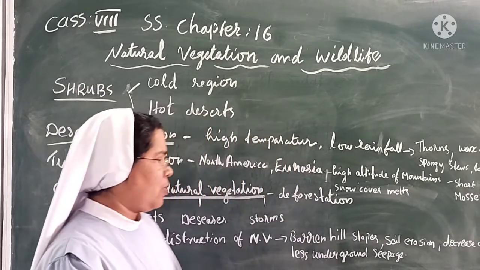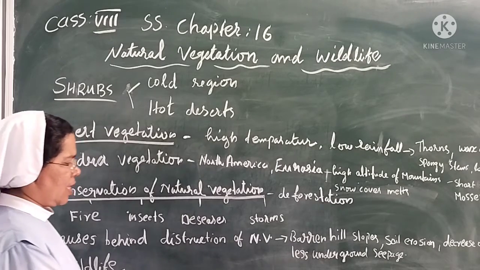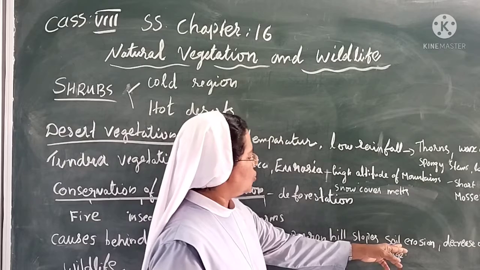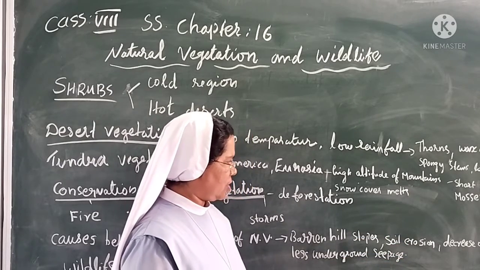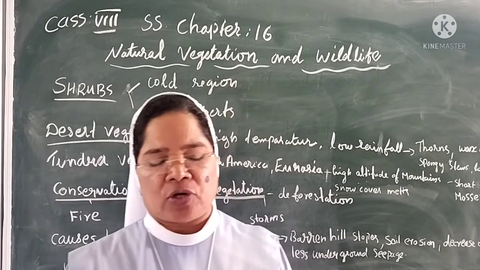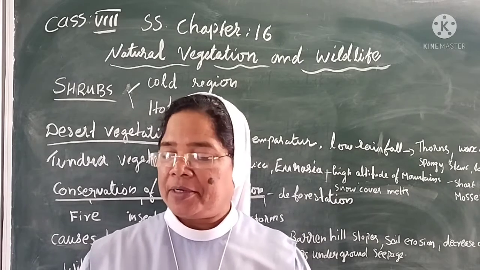So, what we get from the destruction of the natural vegetation: barrenness, soil erosion, decrease of rainfall, less ground seepage. Now let us continue.